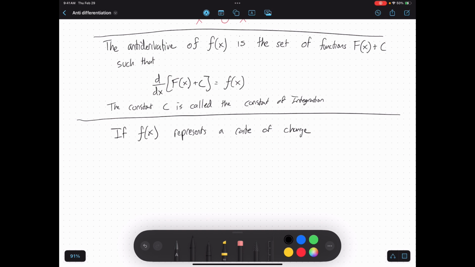So if your function represents a rate of change like velocity or like marginal cost, any sort of function that talks about how something's changing, then your antiderivative represents the total change.